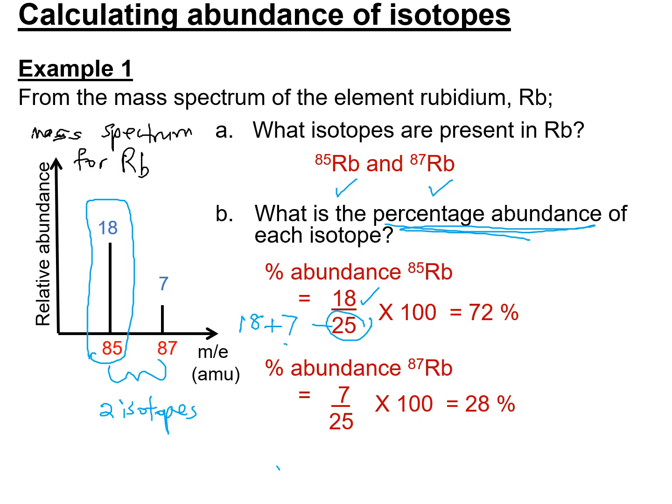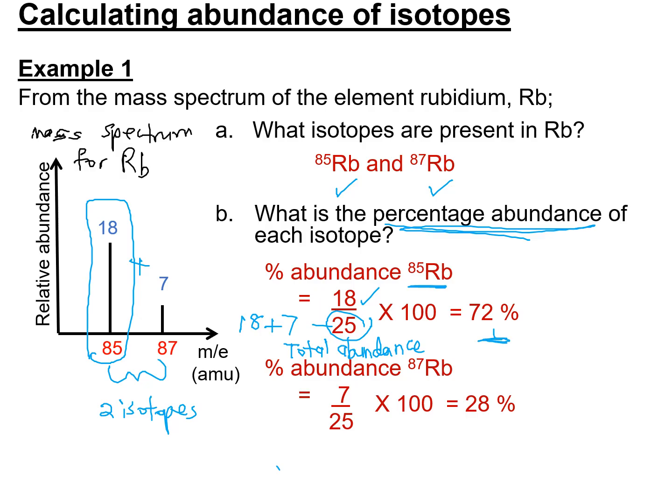Kiranya 25 ni you dapat daripada total abundance. So untuk tahu percentage abundance of 85 rubidium, 18 kena divide by the total abundance, which is 18 plus 7, kalikan dengan 100, which you will get 72%.